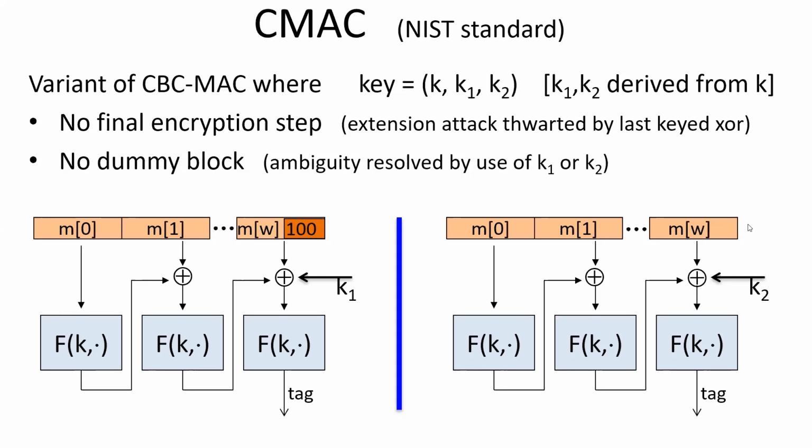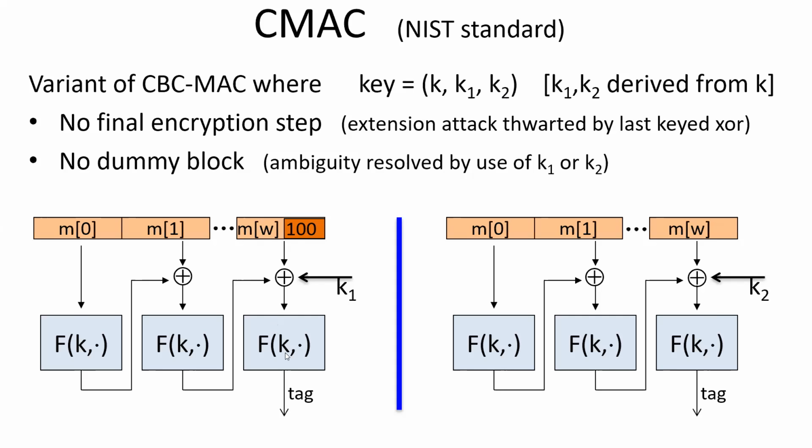That is a stupid block because it only has 1 followed by all zeros. Well, if that happens, I just use a different key. So the pad I use in the case where the message does not end exactly at the boundary is K1. But if the message ends at the boundary of the block cipher, I use K2. And these are independent keys, K1 and K2.